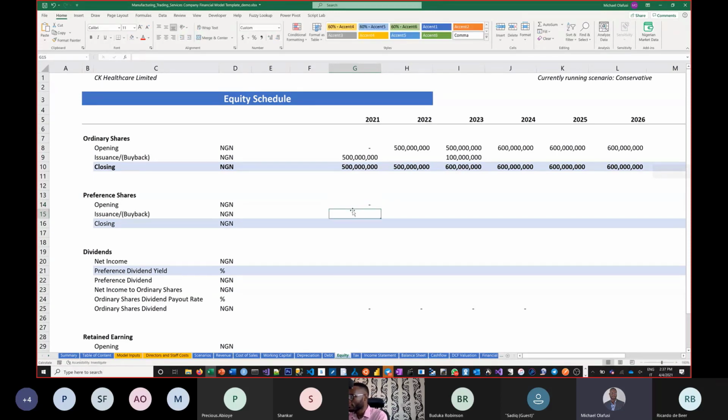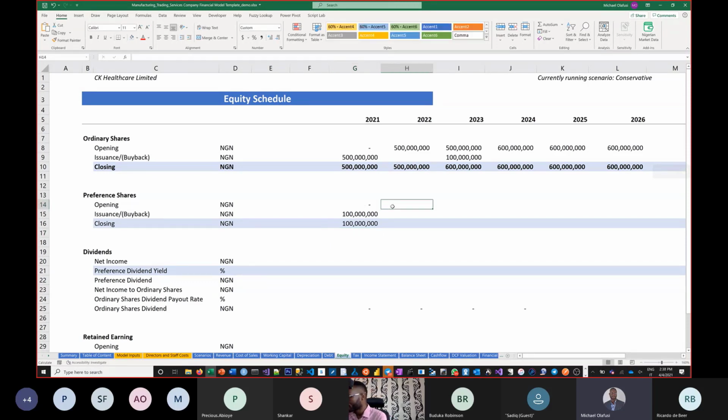So again, before the business started, we had 0. Then during the year, we were lucky we were able to raise 100 million naira from these guys, but they decided to put their money in as a preference share. So what does that mean? It means at the end of the year, it would be how much we had at the opening plus how much we were able to raise from these different people. Clear? Okay, great.